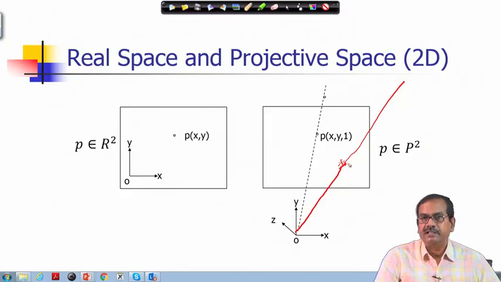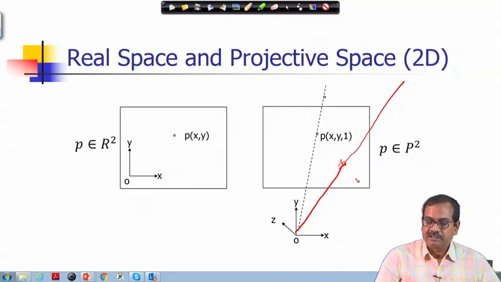So, every point in this plane is actually representing a ray. That is the basic representation of a projective space.